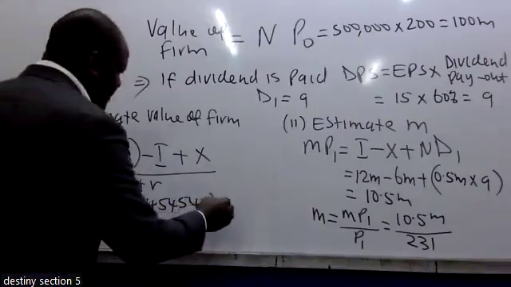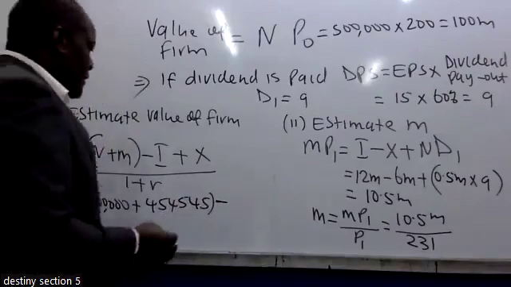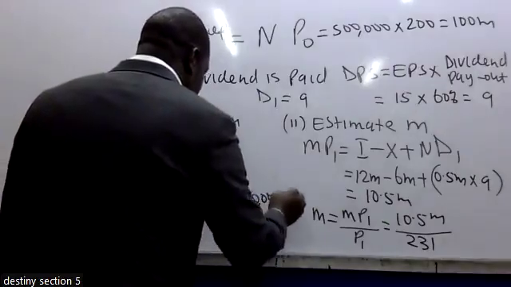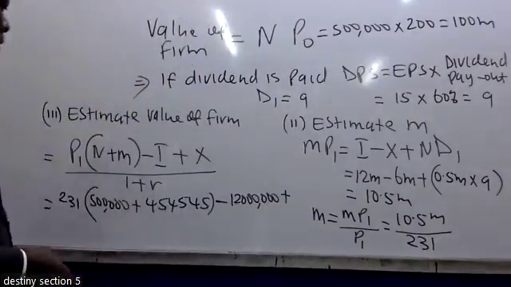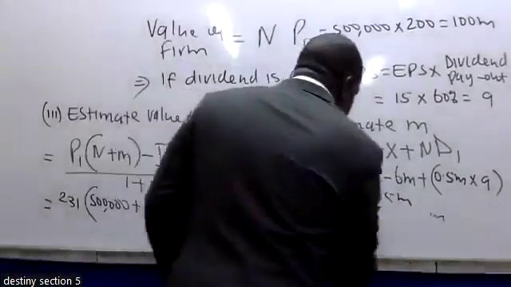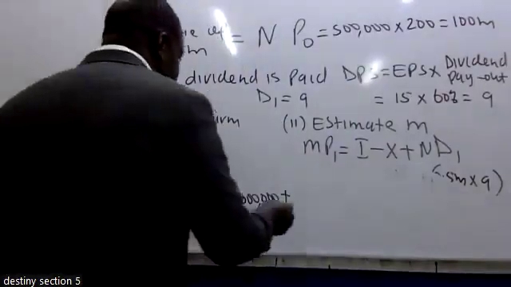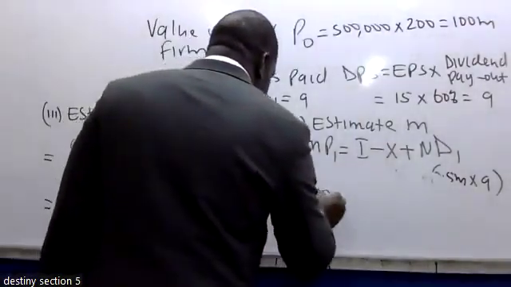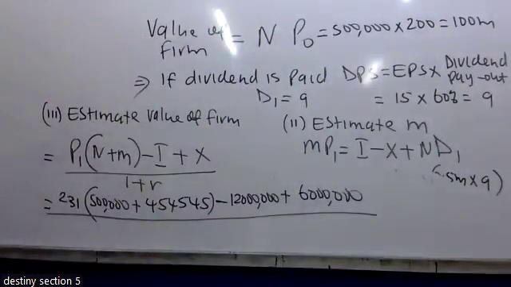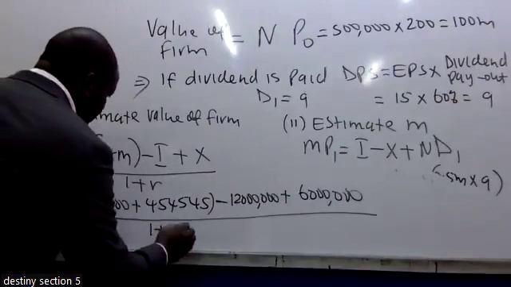Then subtract I, which is 12 million. Then add X, which is 6 million. Then divide by 1 plus R, so R is 0.2.